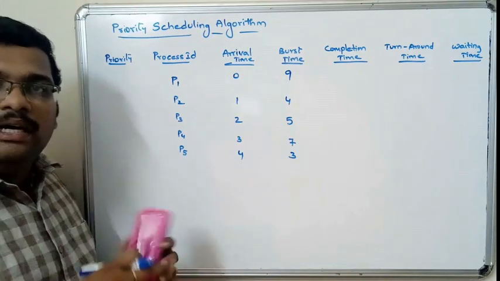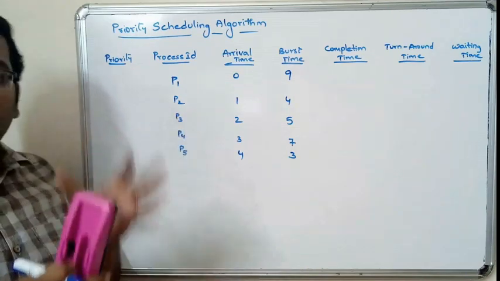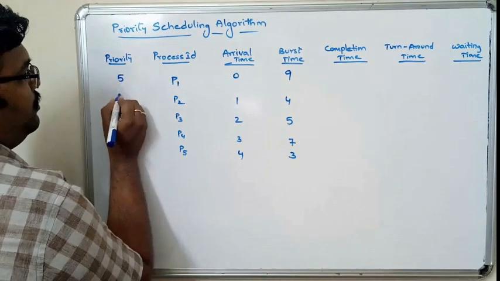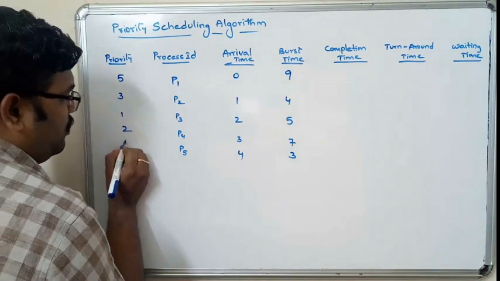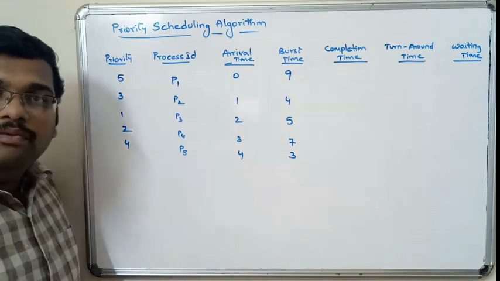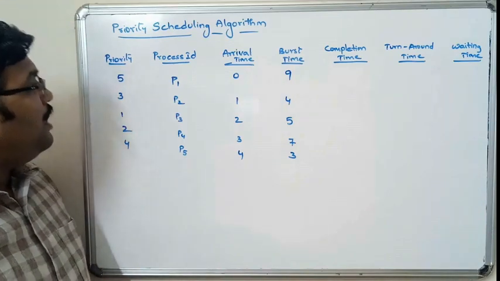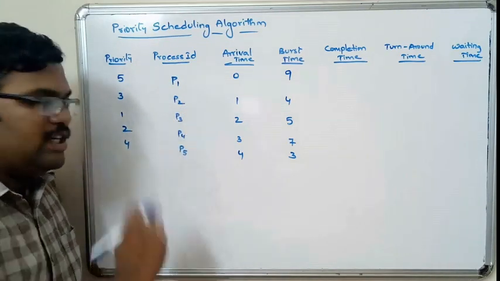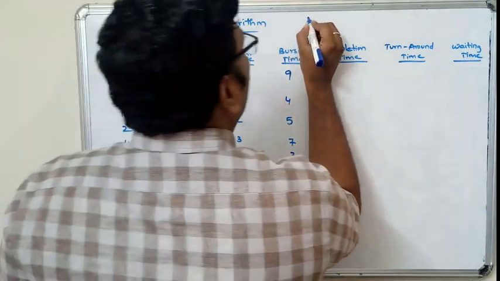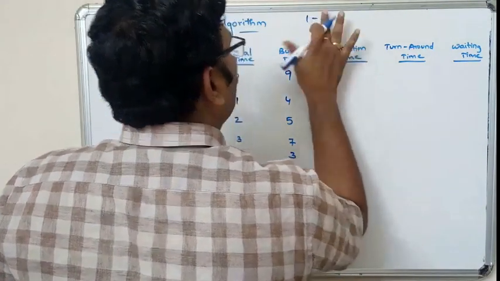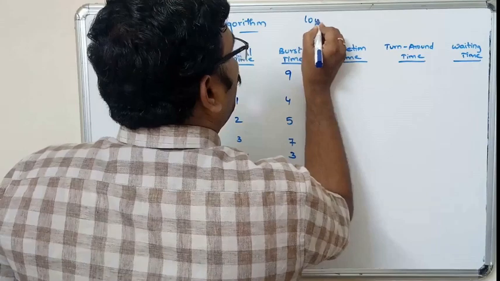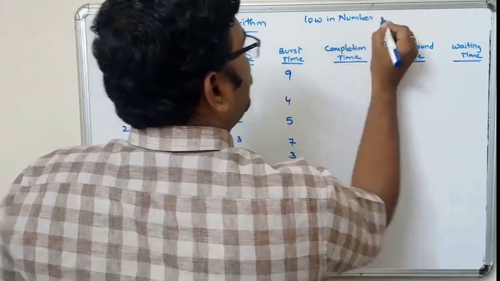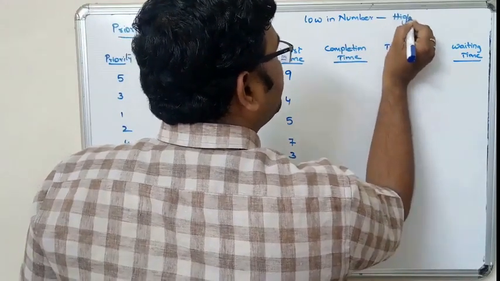Now we have to give some priority to the processes. The priorities will be given by the CPU itself: 5, 3, 1, 2, 4. 5 for P1, 3 for P2, 1 for P3, 2 for P4, 4 for P5. Here I am taking that a number that is low has high priority.